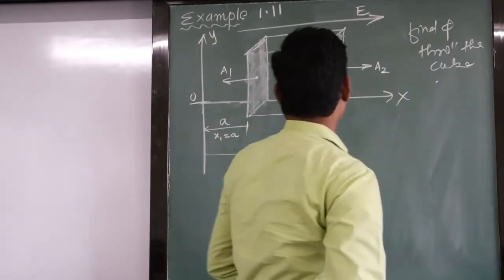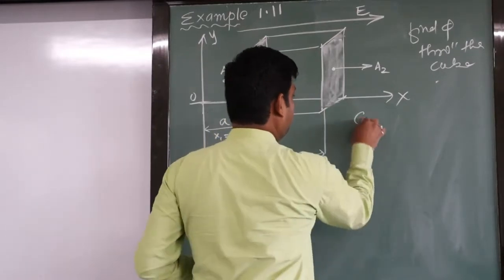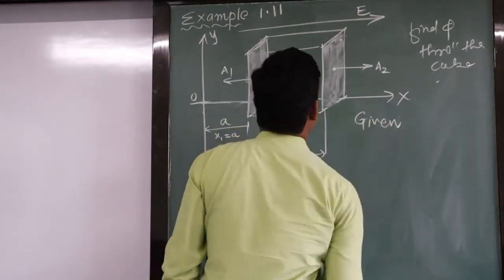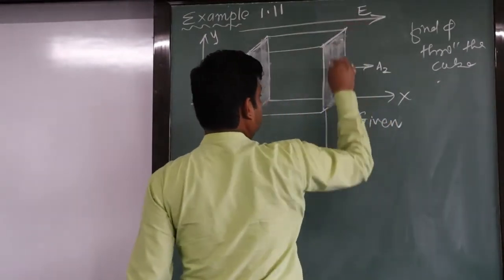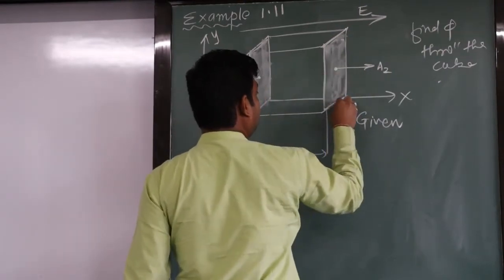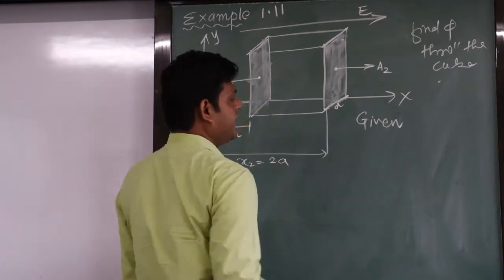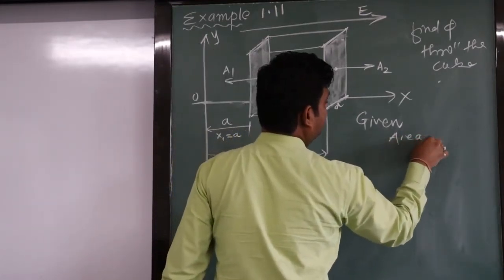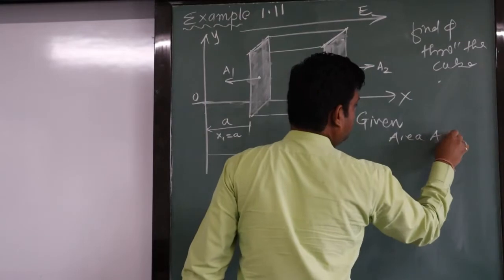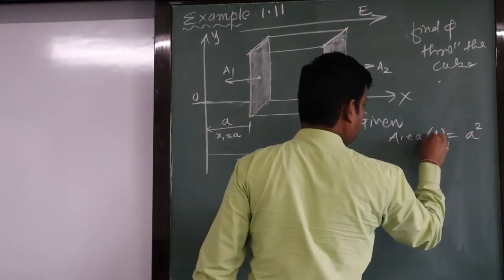Students, first of all, we are going to write the given things. The sides have a length A. So every face has an area, that area equal to A square.